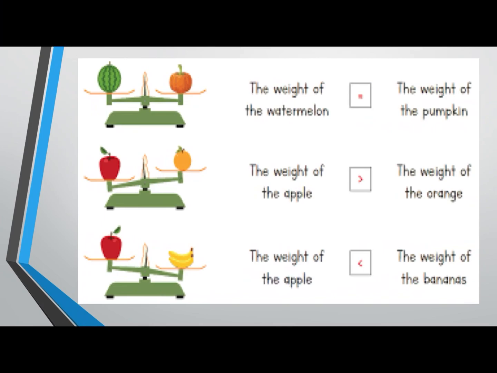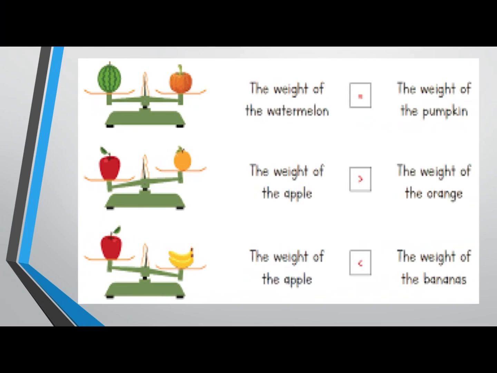And look at this picture. On one side I have kept an apple, on the other side an orange. The side where the apple is kept is coming downward, whereas the side where I kept the orange is going up. That means the weight of the apple is greater than the weight of the orange. Look at the third picture.